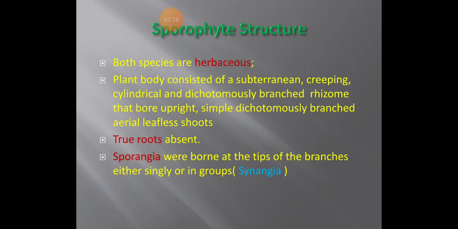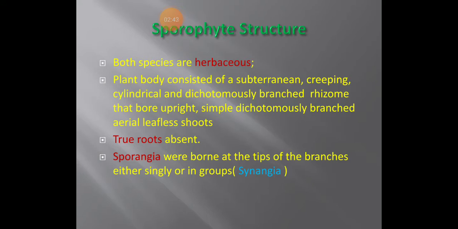In the fossil study, the petrified sporophyte is herbaceous in nature. The plant body consists of a subterranean, creeping, cylindrical, dichotomously branched rhizome, with upright dichotomously branching aerial axes.